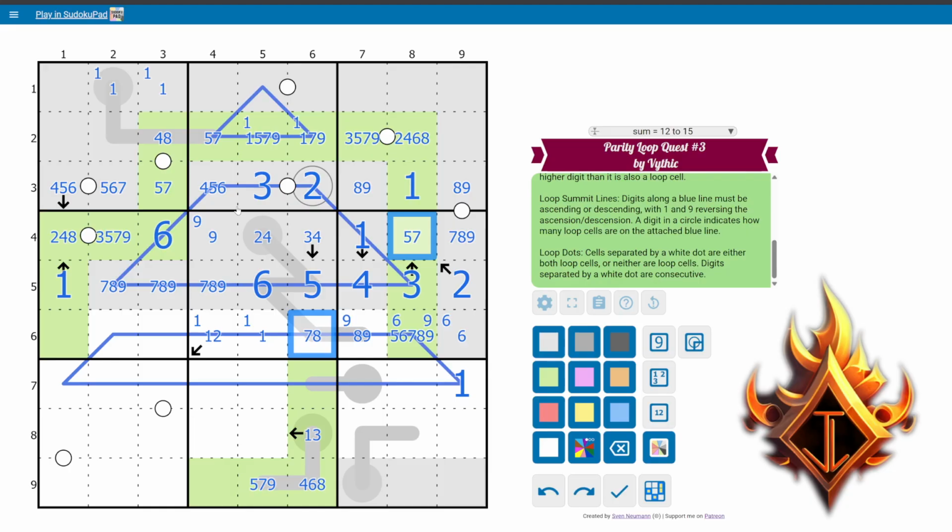If 9 goes here, that is 4, 5. That would be 6.